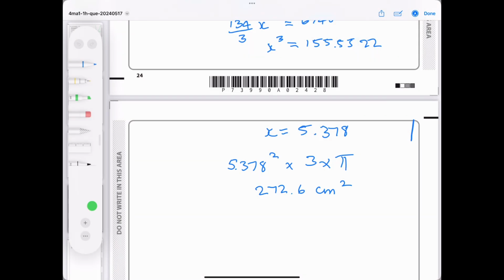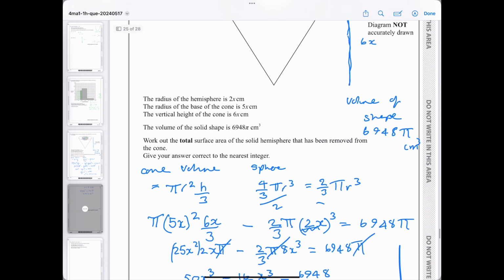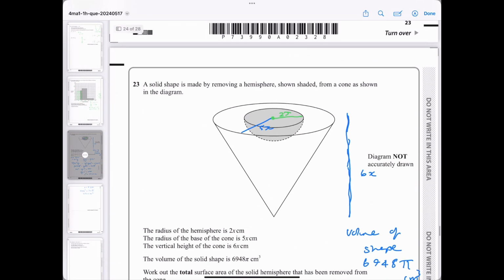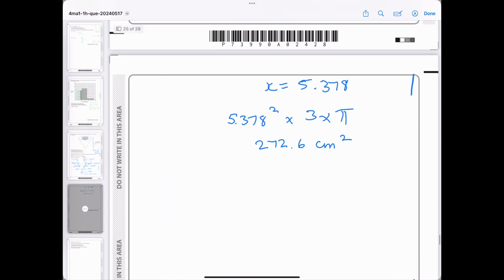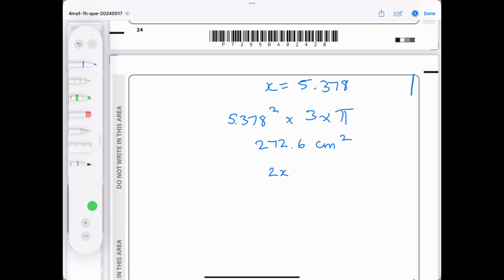I've just realised that for this, the radius is 2x as opposed to x, so we have to make 2x equals 5.378 times 2. They never make things easy, do they? So that's 10.756. Now we square it and times it by 3 pi.